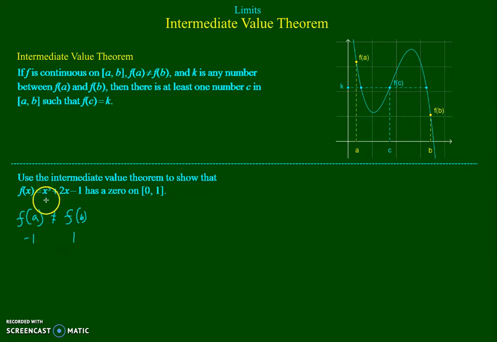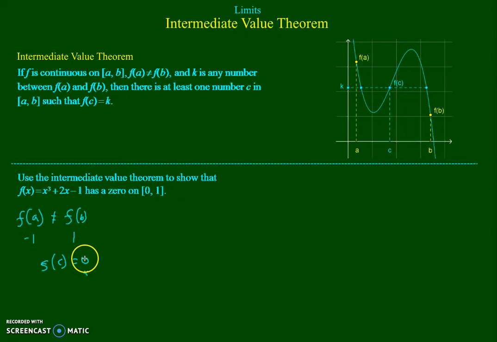So yes, because it's continuous on the closed interval, and f of a doesn't equal f of b, then we know that there must be some number c on this interval between 0 and 1 where f of c equals 0, because f of c has to equal 0, and this is our k value, and that k value is between -1 and 1.